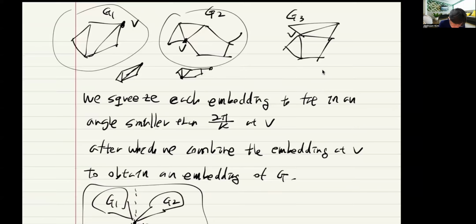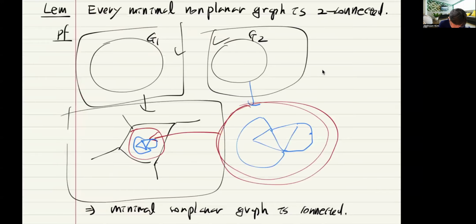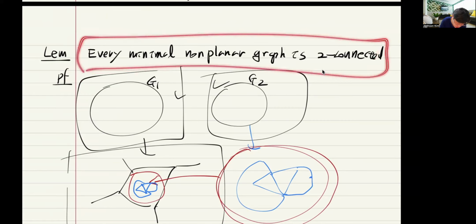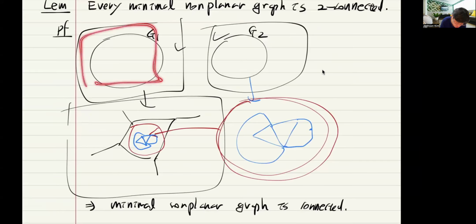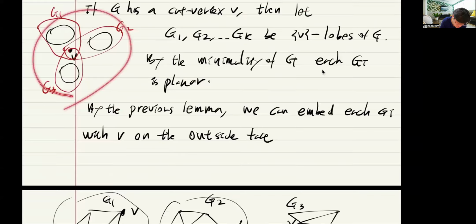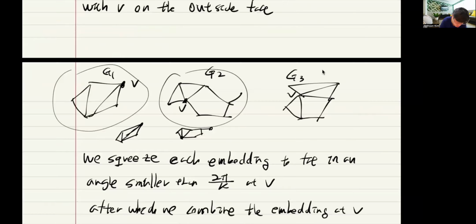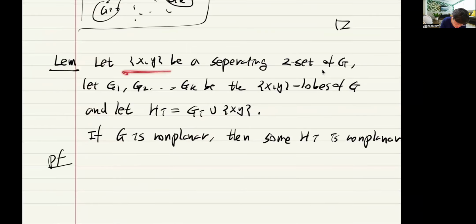It's quite similar to the previous one, but essentially what it says is that if a graph is a disjoint union and the entire thing is not planar, then one of them is non-planar. And here, if you have one vertex which is a separating set, and these are the lobes, and G is non-planar, then one of them must be non-planar. That's what it's showing.